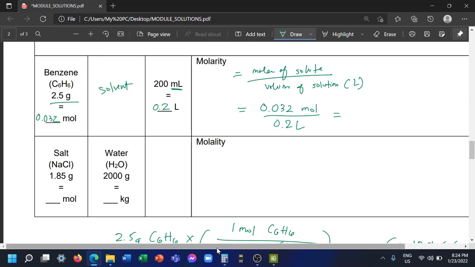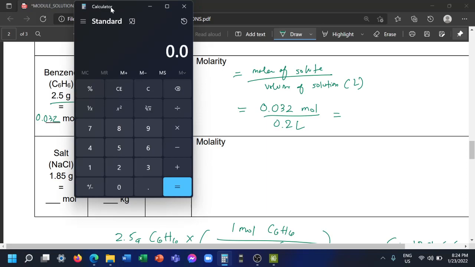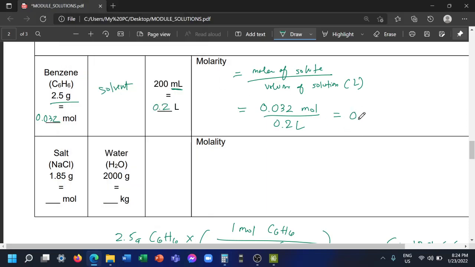Then simply divide: 0.032 divided by 0.2. The answer is 0.016 mole per liter.